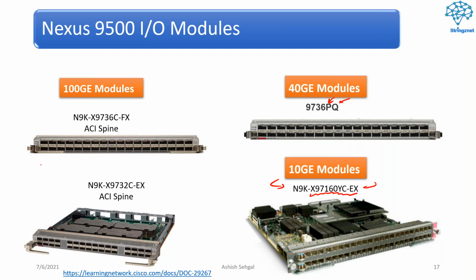Details are easily available on the Cisco site. We can search for the line card data sheet for Nexus 9000. Google will help us find it.